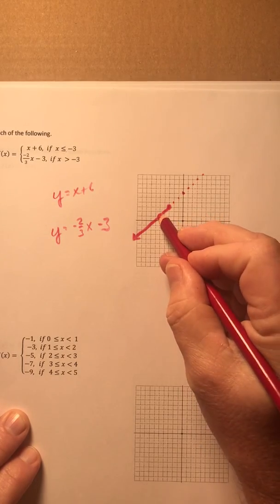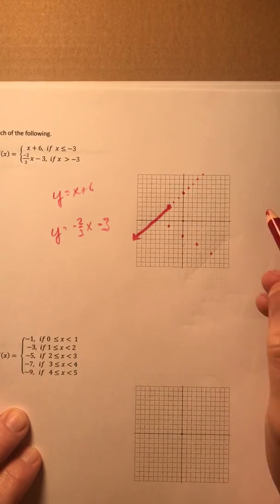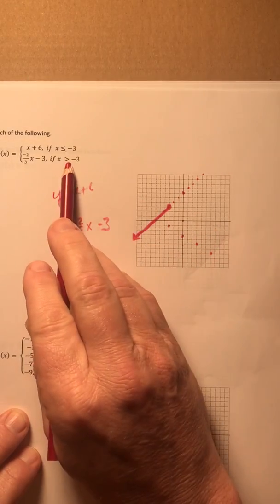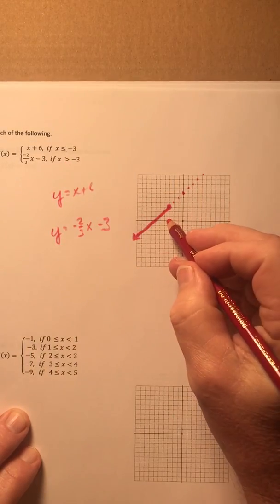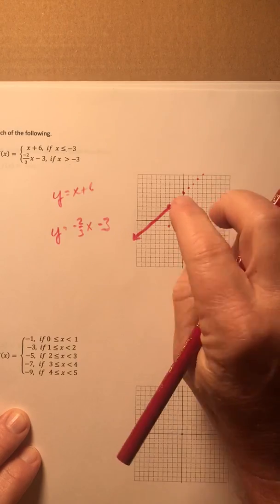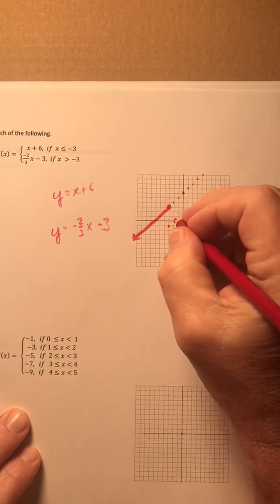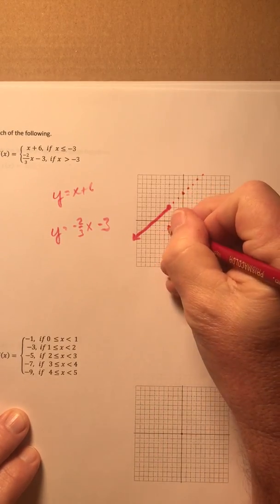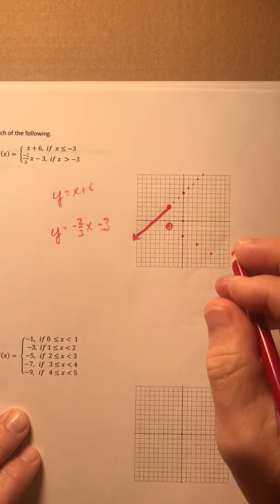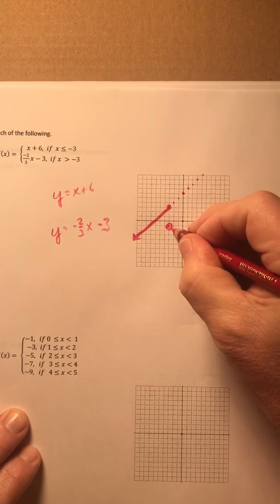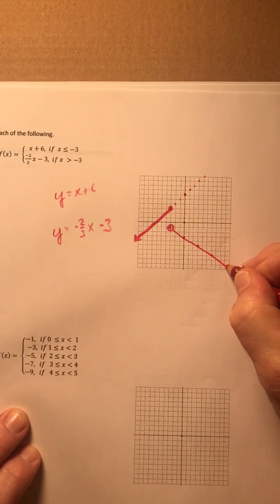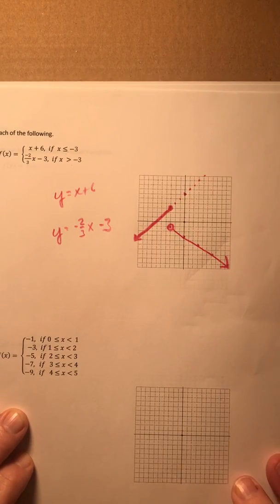Alright, and we continue our line. Looks like that if we continue it, but we want to go to the negative 3, again, to where the graph is, and we're going to make this into an open circle. Alright, so it's going to be an open circle, and we're going to draw it to the right. And that's what your answer should look like.